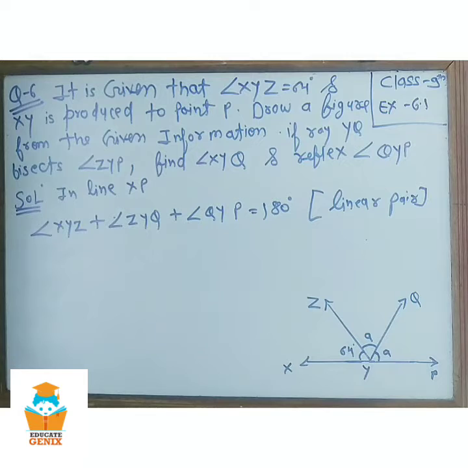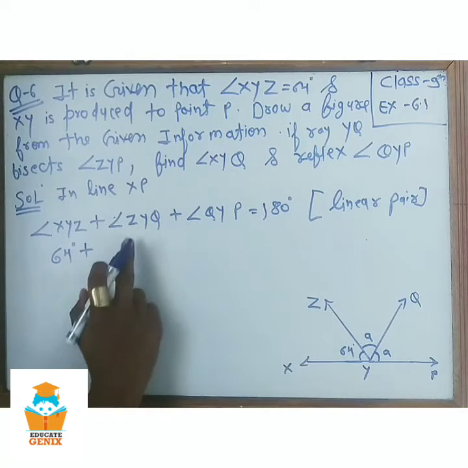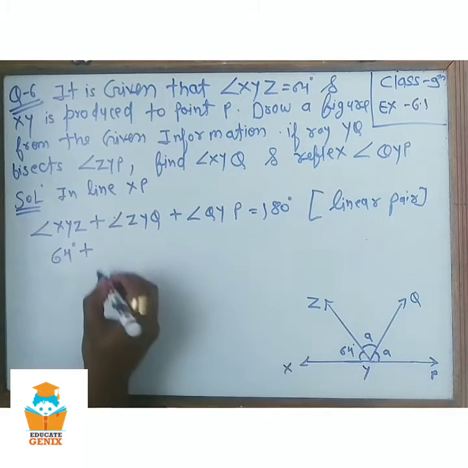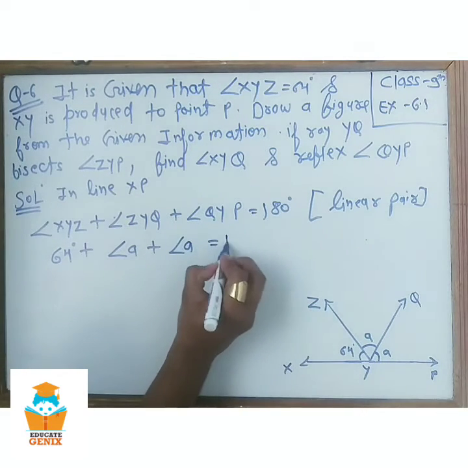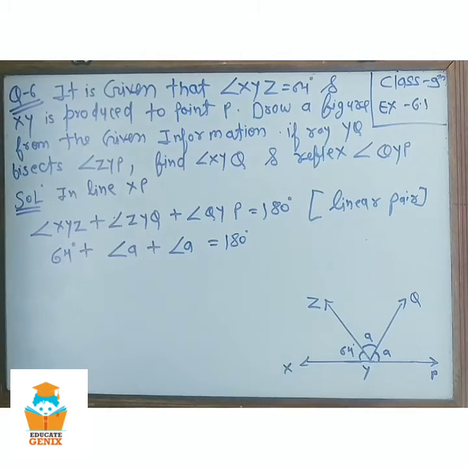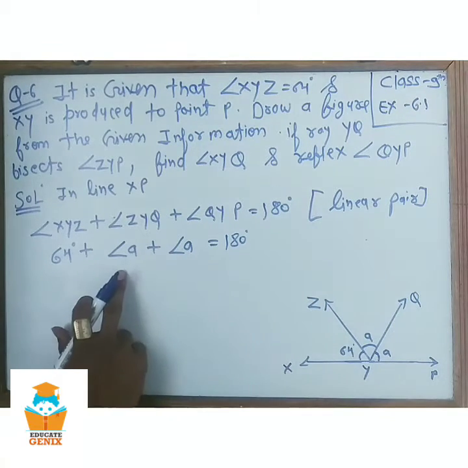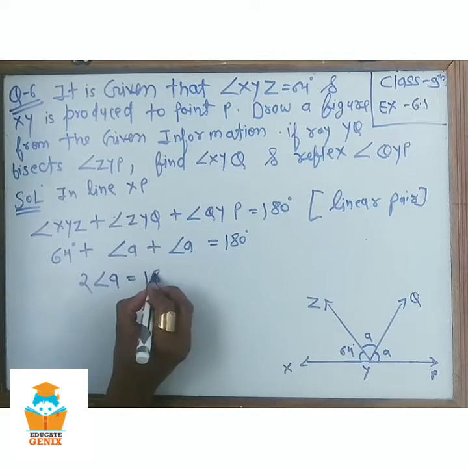As we already know, angle XYZ is 64 degrees, so we write 64 degrees plus angle ZYQ, which we already marked as angle A. Therefore, angle A plus angle QYP, which we also marked as angle A, equals 180 degrees.